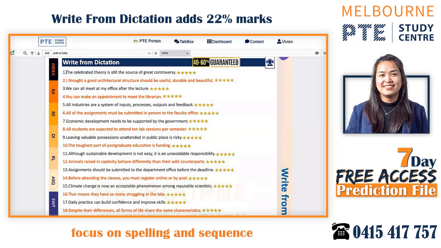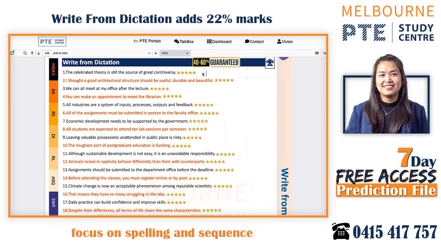Why? Because for write from dictation, again, the most important thing is spelling. Okay, if you have wrong spelling, then you will lose marks for it. So that is one thing we need to be careful about for write from dictation.